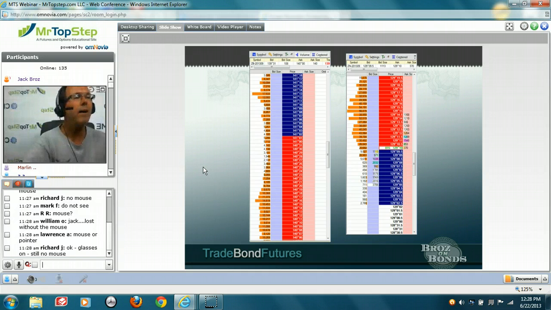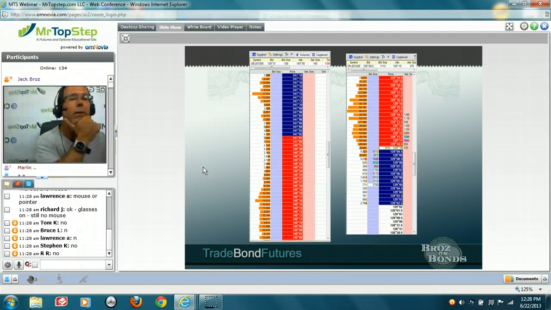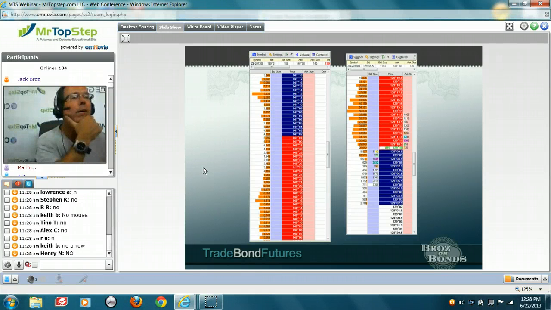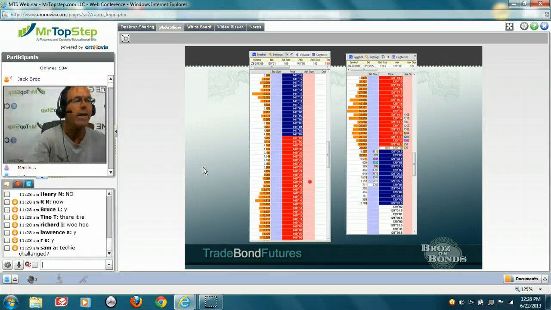Do you see a mouse now, or a black arrow? No, I don't. Do you guys see anything? No. Hold on, I've got Tony helping me here. It's a little red dot. There you go, follow the red dot. Just be careful putting it inside your red prices. Thank you, Jack. Thanks, guys.